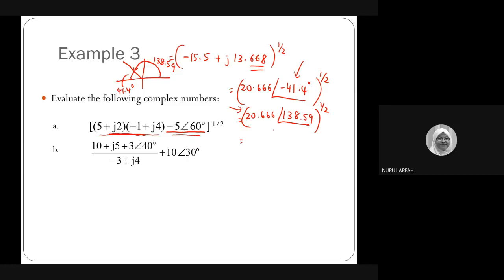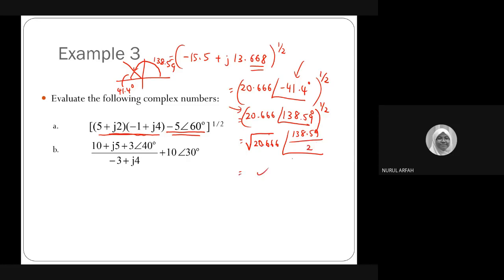Okay. So if you look here, do you get the same answer or not? Yes. Okay. So if you have a square root, what do you need to do? Obviously you cannot use the calculator. So you use the math operation. This is the square root of 20.666, and then for the phase, you divide by 2. 138.59 divided by 2.